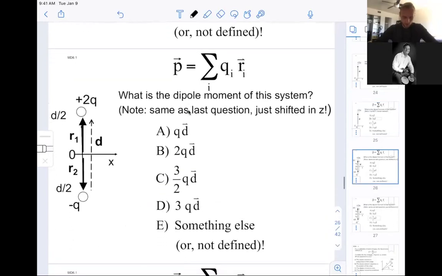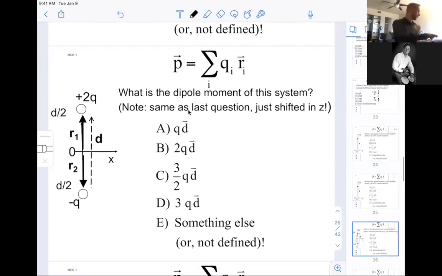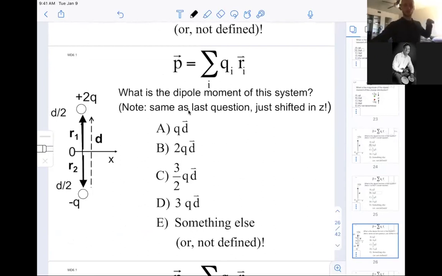Okay, so now let's look at just one more case where you have the same charges, positive 2q and negative q, but let's move them back to symmetric around the origin. And I'm asking what is the dipole moment of this system? Again, you have your definition, so you should be able to find out what your dipole moment is. I'm going to let you vote on this.